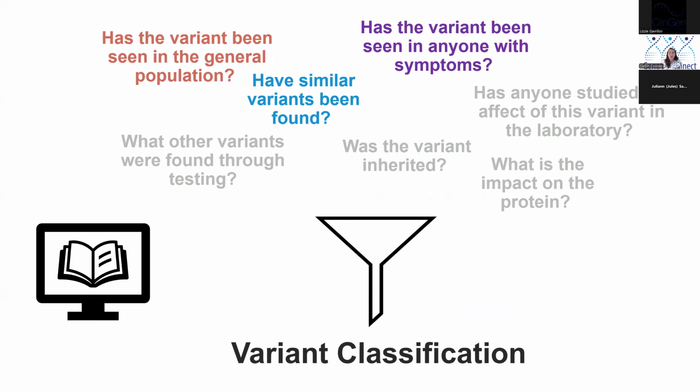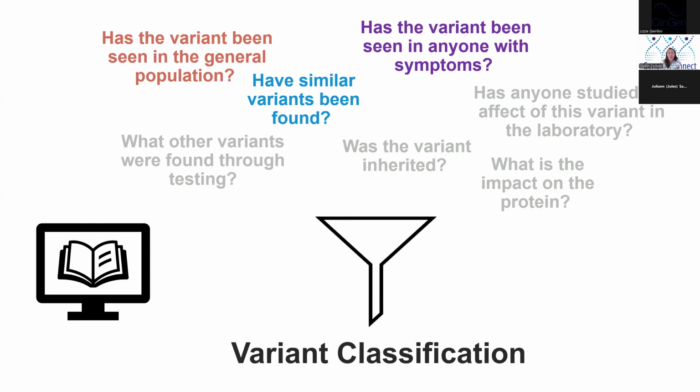The next batch of questions goes along with what we know in additional published literature and some of the more publicly available databases. So have other individuals with the same variant and similar symptoms been reported in the literature? Is there enough case examples?